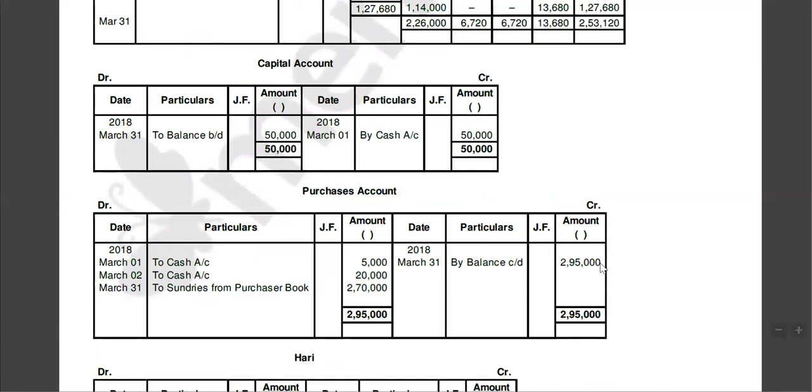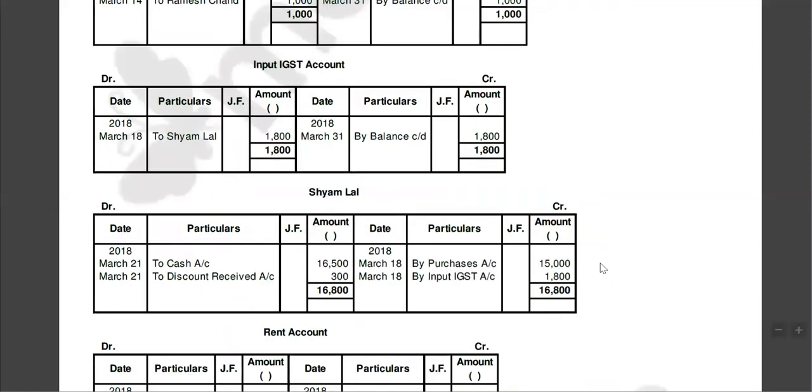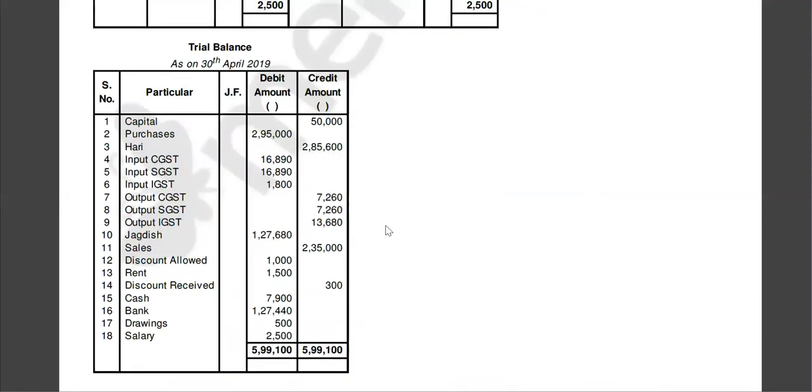So purchase nature is debit. So under trial balance you have to place the debit balance. Purchase debit 2,95,000.